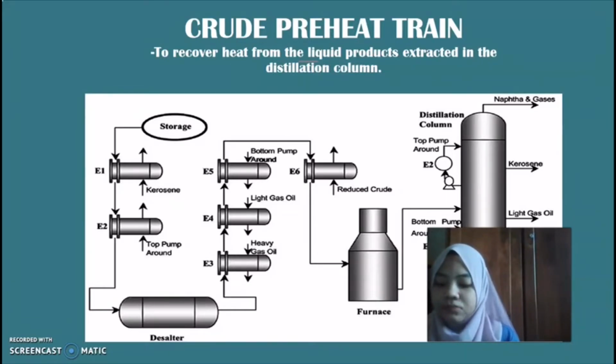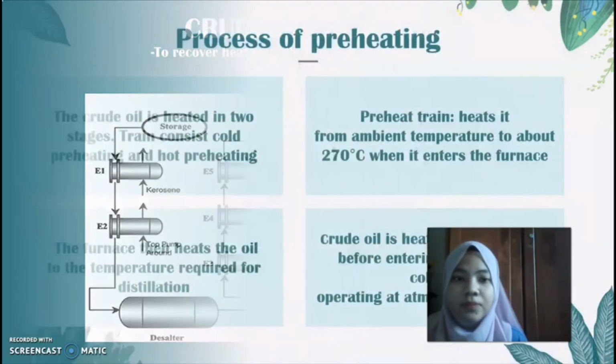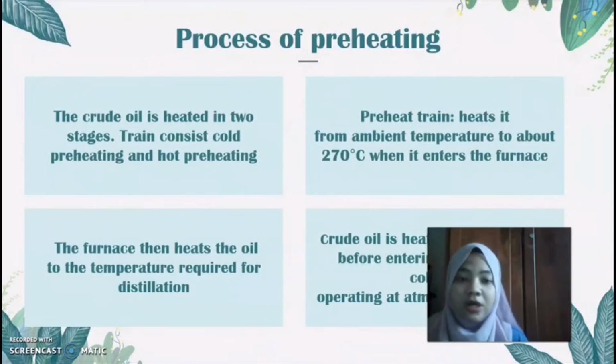And I remind you that the desalter is added to extract salt and base sediment. As I said before, the crude oil is heated in two stages. The train consists of cold preheating and hot preheating.